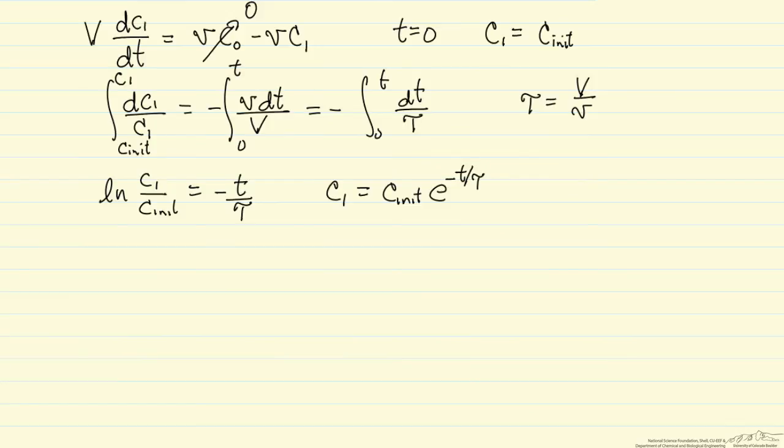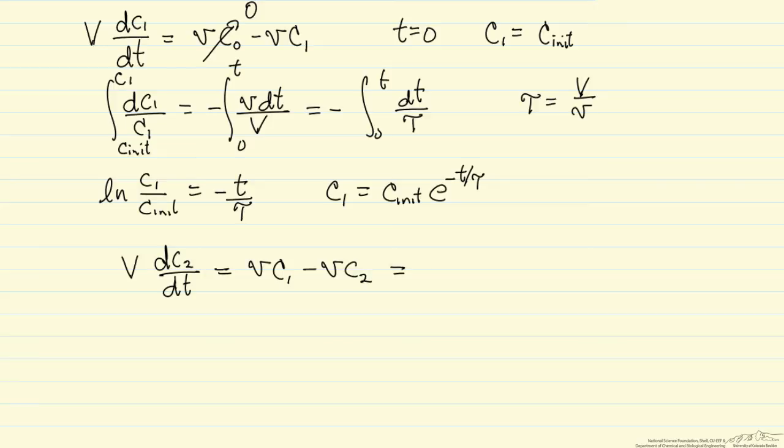So now I want to do the same thing for the second reactor, and the difference is there is tracer flowing into the second reactor. So the change in the concentration in the reactor, C2, is the volumetric flow rate times what's flowing in, C1, minus the volumetric flow rate times what's leaving.